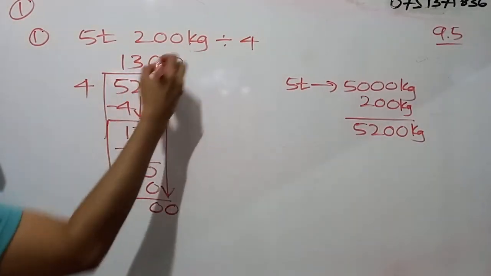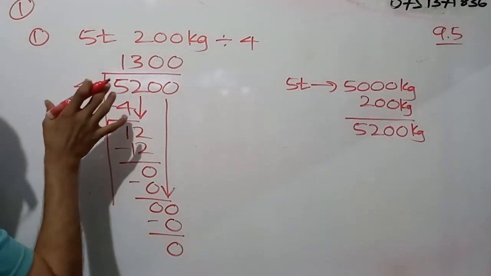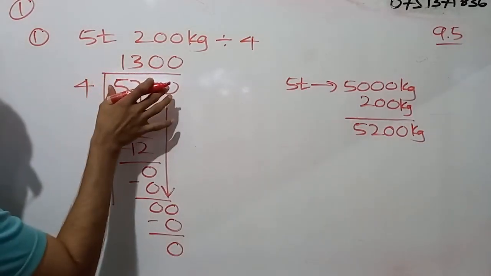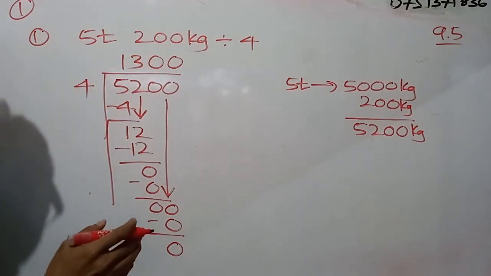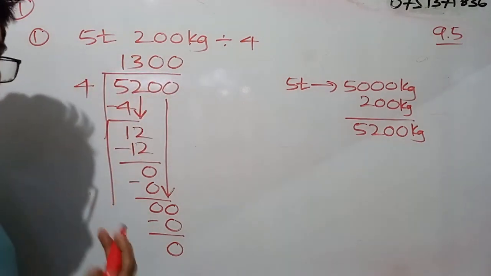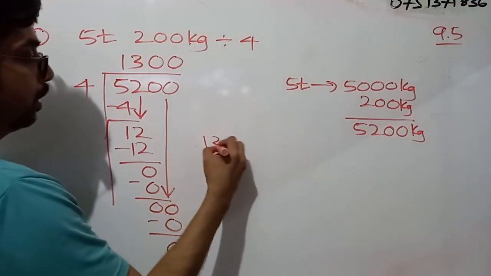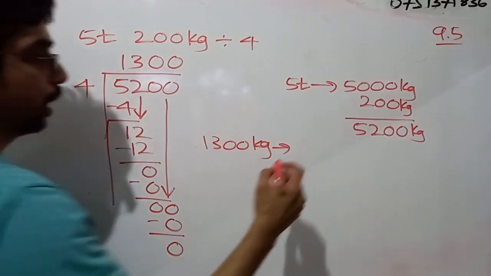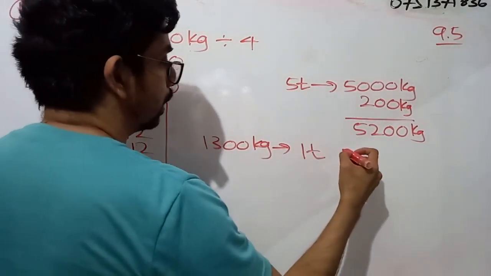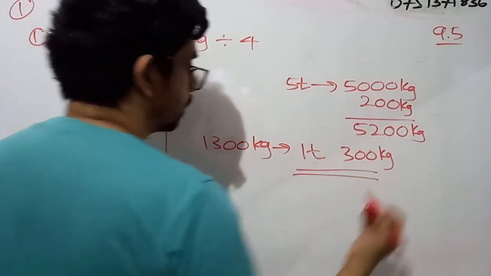Again, 0. So when we divide 5200 kilograms by 4, we get 1300. But since the question has been given to us in tons and kilograms, we will convert 1300 kilograms into tons and kilograms. So this is 1 ton and 300 kilograms. So this is the answer.